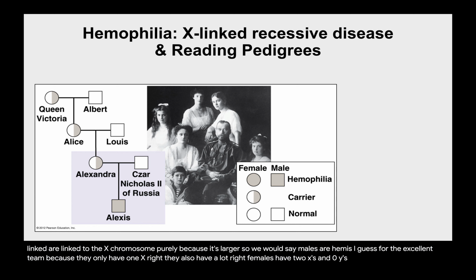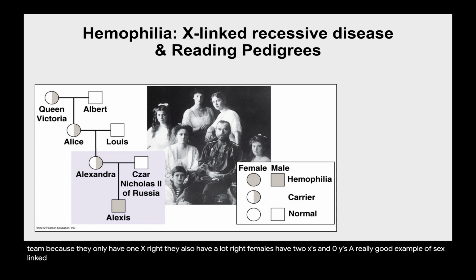A really good example of sex-linked traits is hemophilia. I know you worked through this in lab, but it's such a great example here. Hemophilia is a blood clotting disorder. It is a recessive disease, which means you have to have the recessive trait expressed.